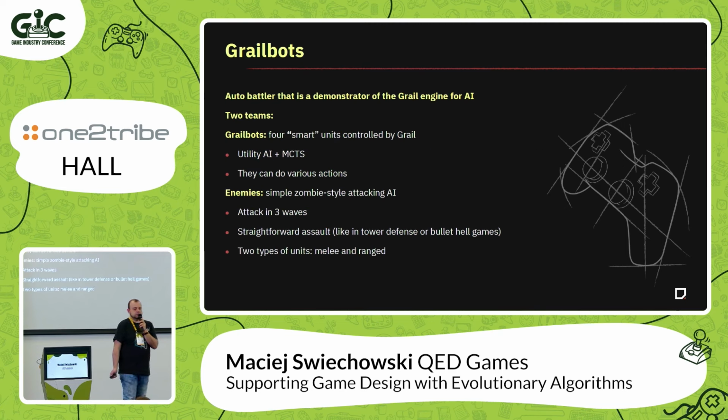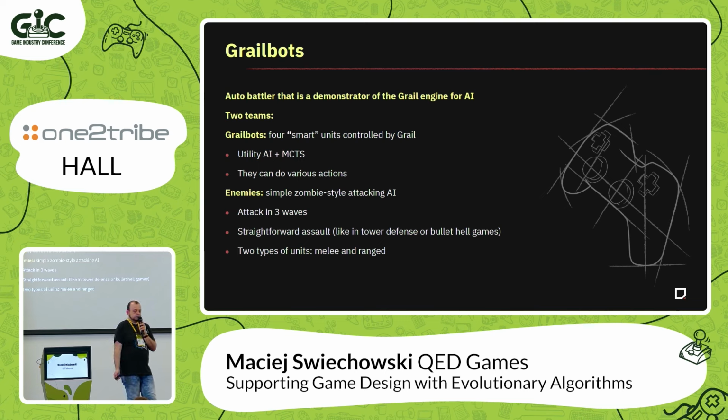So we did a simple proof of concept in this area, and we had an auto battler where there are 4 units controlled by AI, smart units, and there are hordes of enemies, dumb units that attack in waves in a simple, straightforward assault fashion. They just go the straightforward way to attack the Grailbots.